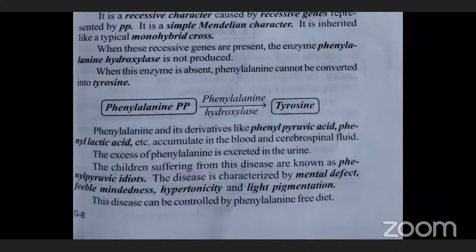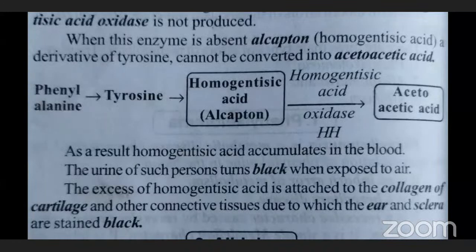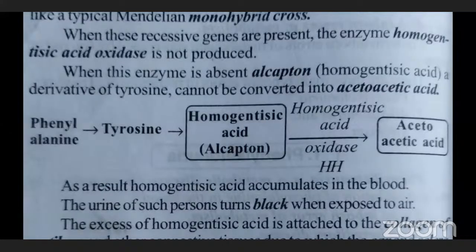Alkaptonuria. Alkaptonuria is also a metabolic disease characterized by the accumulation of alkapton, which is homogentisic acid, in the blood.